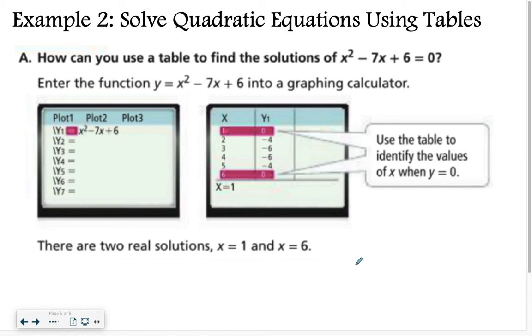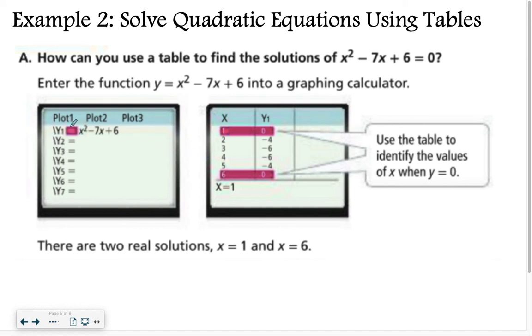All right, example 2, solve quadratic equations using tables. We're not going to get super into this because you don't have graphing calculators, as I mentioned at the beginning of the video. But I want you to know how to tell what solutions are just by looking at a table. So how can you use a table to find solutions of x squared minus 7x plus 6 equals 0?